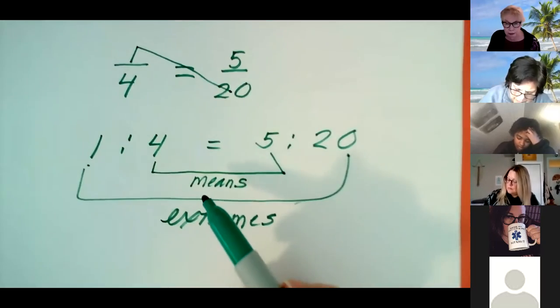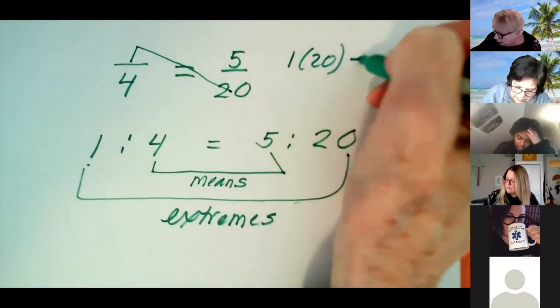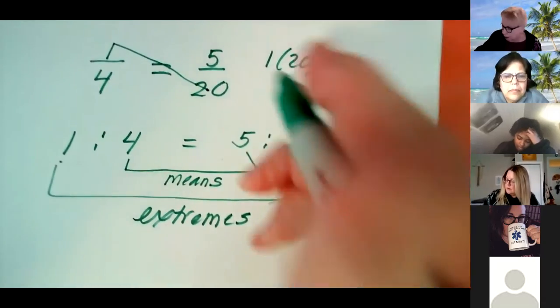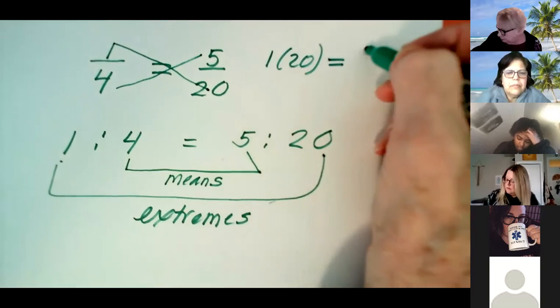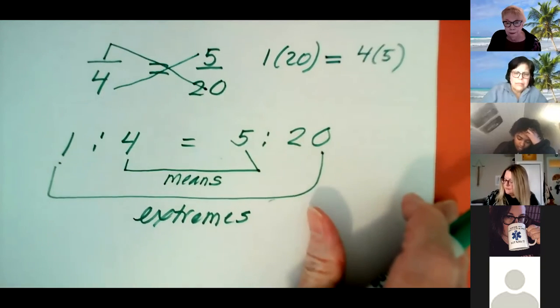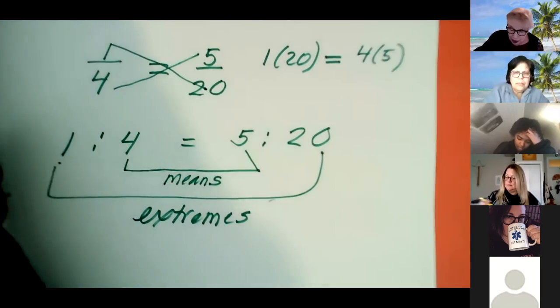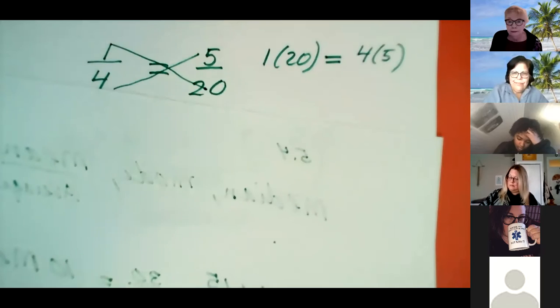This product, which is 1 times 20, equals this product. Calling it means and extremes, I don't think does a darn thing. Do you?